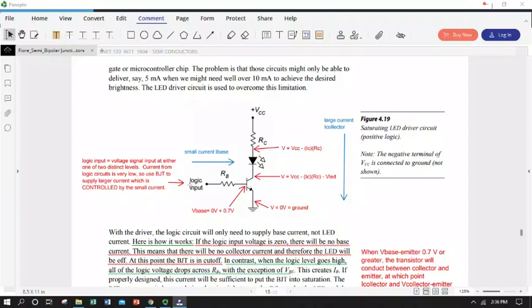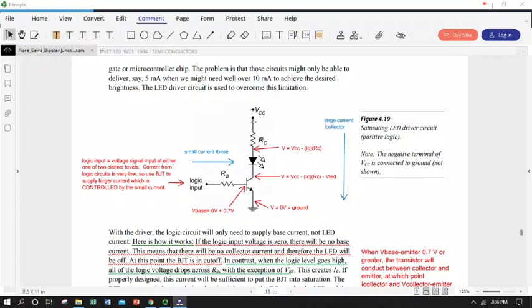If we supplied a voltage here at the logic input that was high enough that after we flowed a little bit of current into the base, and dropped whatever we're going to drop by Ohm's law over the base resistor, we were still more than ground plus 0.7 volts here at the base, we could turn the transistor on.